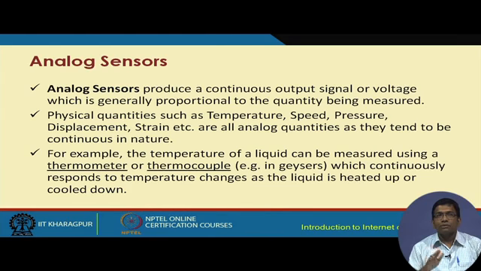Based on the amount of bending, they measure the changes in the temperature. So if you calibrate the thermocouple, it is going to give how much the temperature has changed, and depending on that one can understand how much the liquid has heated up or cooled down.